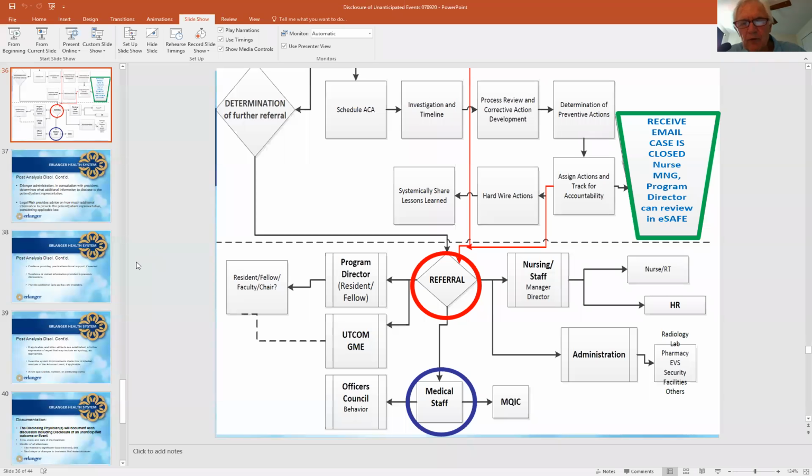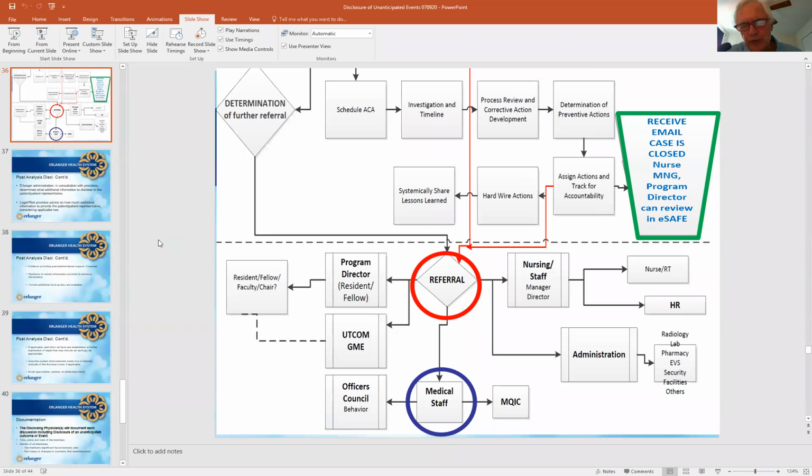That referral will go to your program director, who will sit down with you and talk about what happened. Now, the UT College of Medicine GME office is also notified any time a resident is involved.